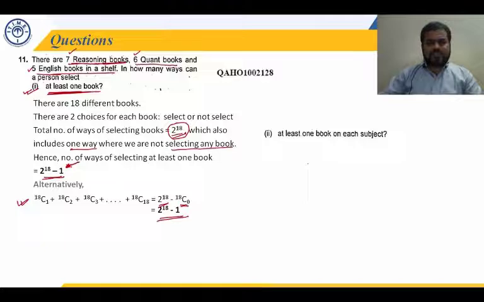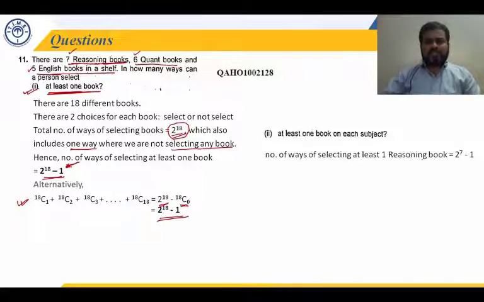Now let us look at the second part. The second part says we have to select at least one book on each subject. So what we do here is number of ways of selecting at least one reasoning book. There are total 7 reasoning books. So for every reasoning book we have 2 choices. We will select or not select.